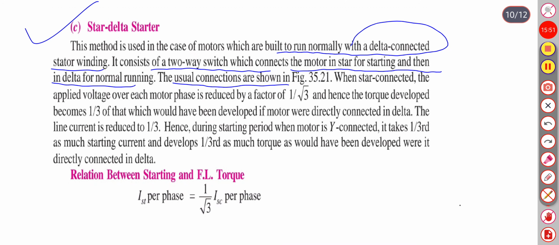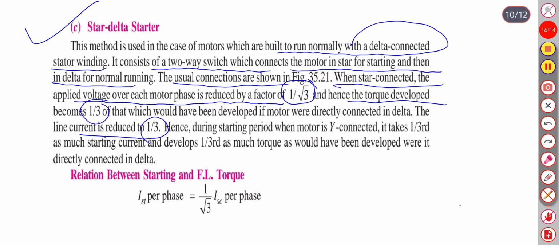We will see when star connected, the applied voltage over the motor phase is reduced to 1 by root 3 and hence the torque developed becomes 1/3 and the line current will be reduced by 1/3.